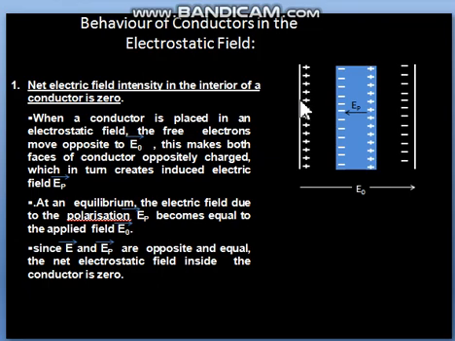First of all, whenever we need an external electric field, the best possible example is oppositely charged plates. So here in the diagram, two oppositely charged plates are shown. These plates produce the electric field E0 from the positive plate to the negative plate.